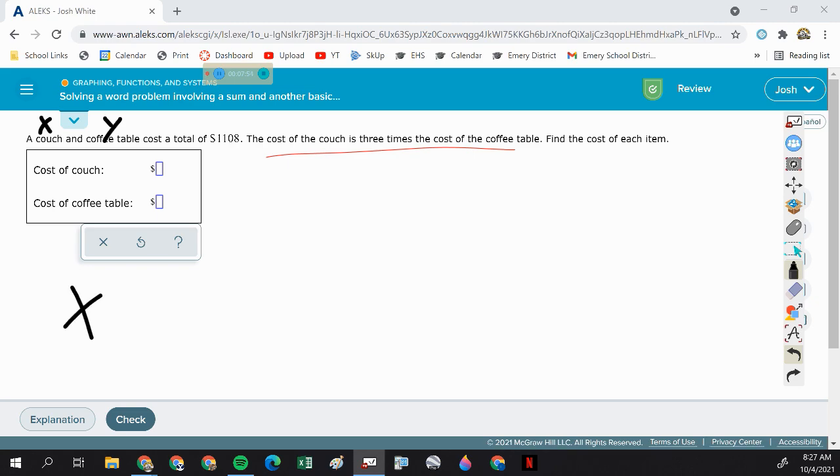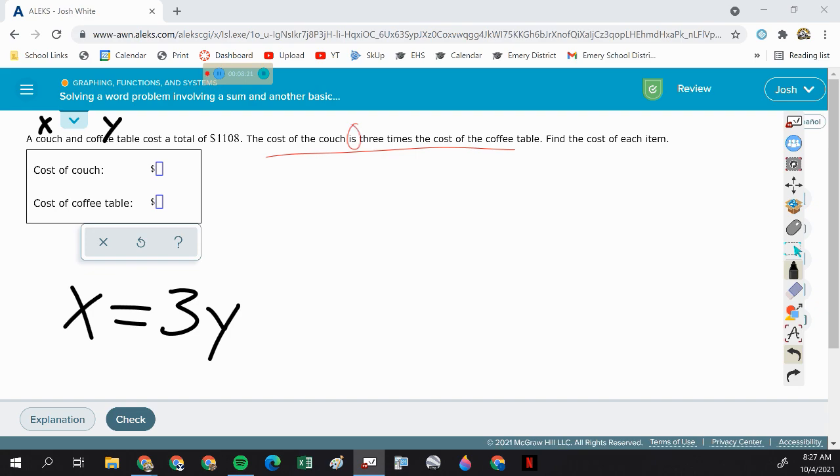So the couch is 3y. The cost of the couch is equal to 3 times the cost of the coffee table. And when you are describing an equation, is would be the equal sign.